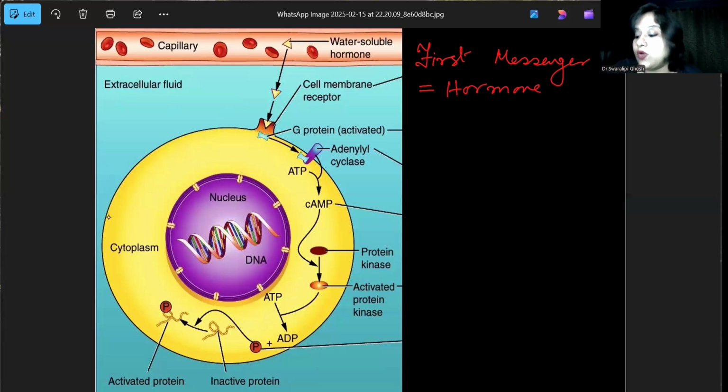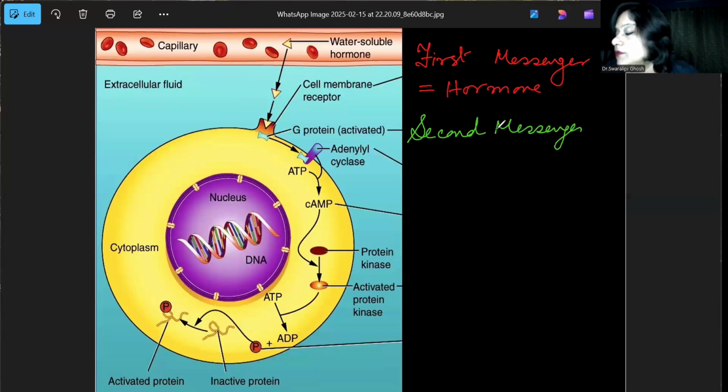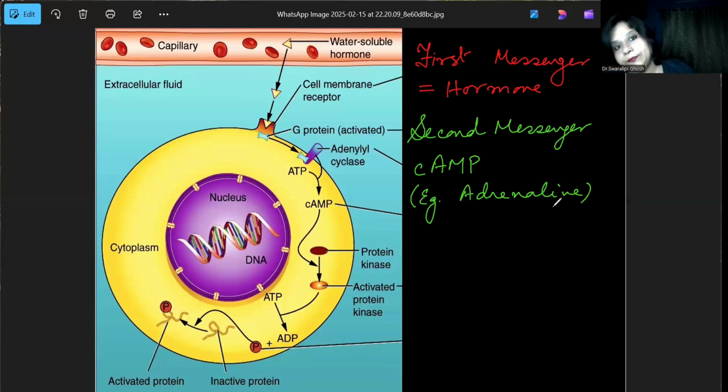Next comes, what is your second messenger? The second messenger is cyclic AMP, as we have seen in this particular pathway, and we can use adrenaline as an example.